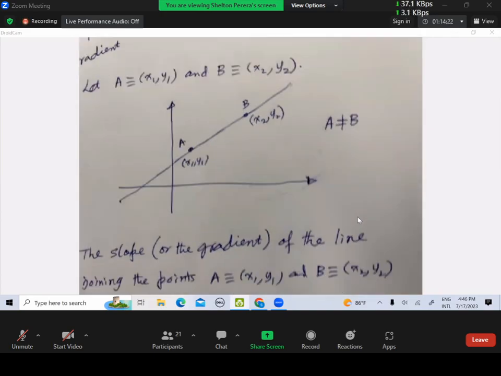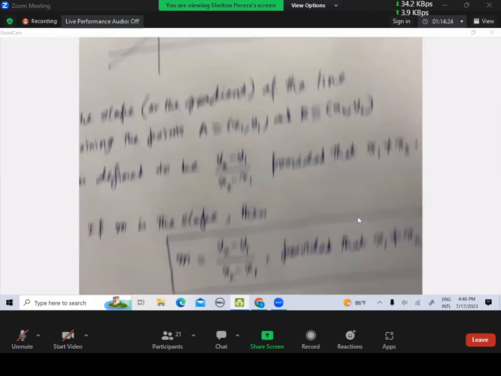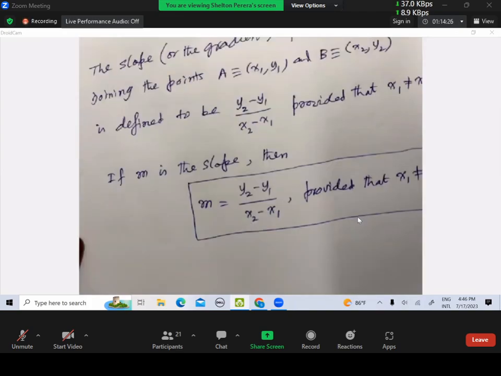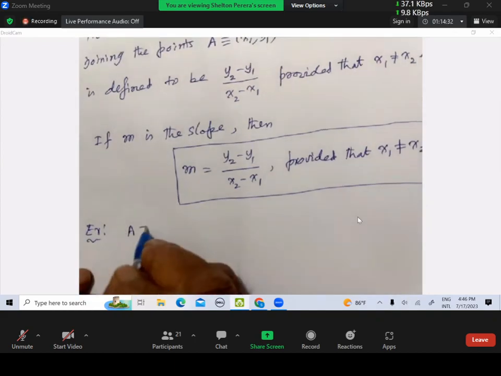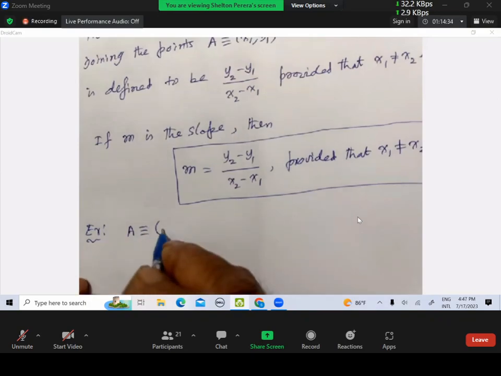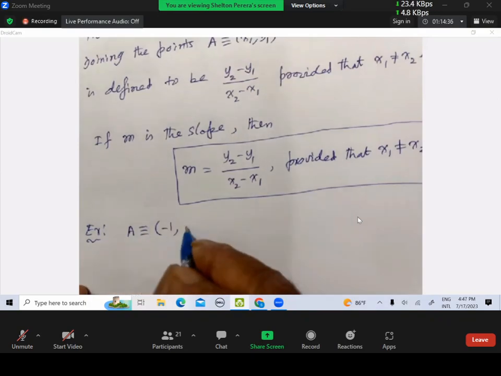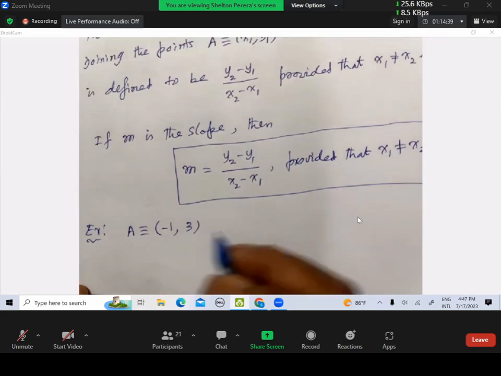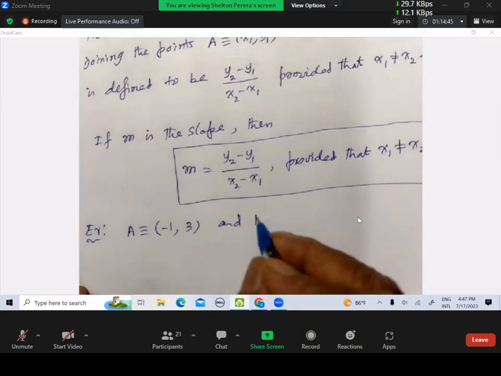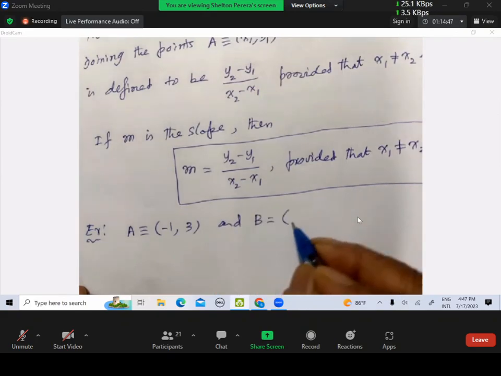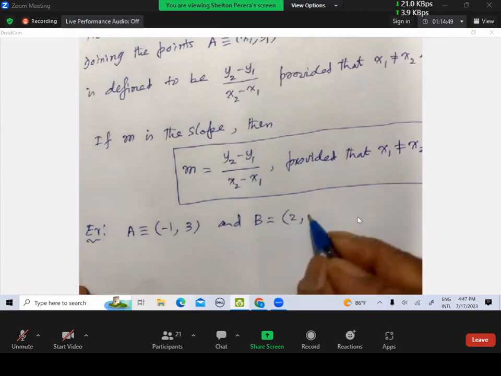Okay, so now we go to an example. Find the slope of the line joining these 2 points. A is equal to (-1, 3) and B is equal to (2, 7).